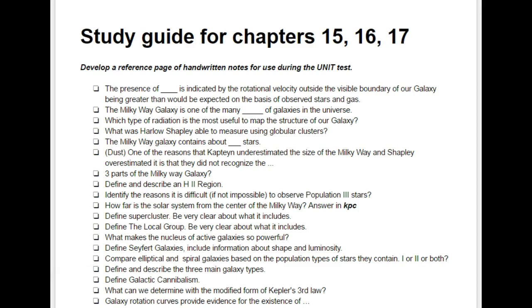Define the local group. Be very clear about what it includes. This is a cluster of galaxies, and the Milky Way is part of the local group, hence its name, local.